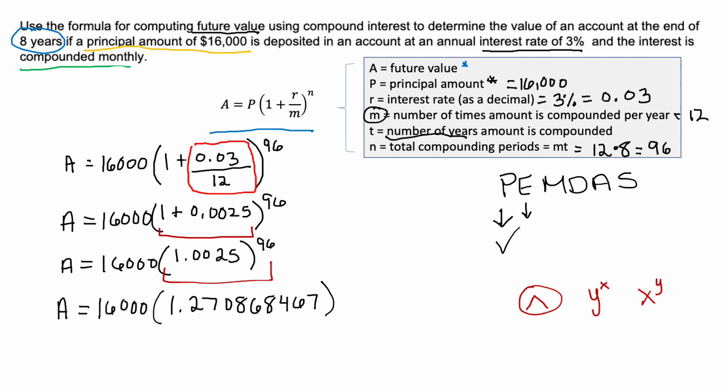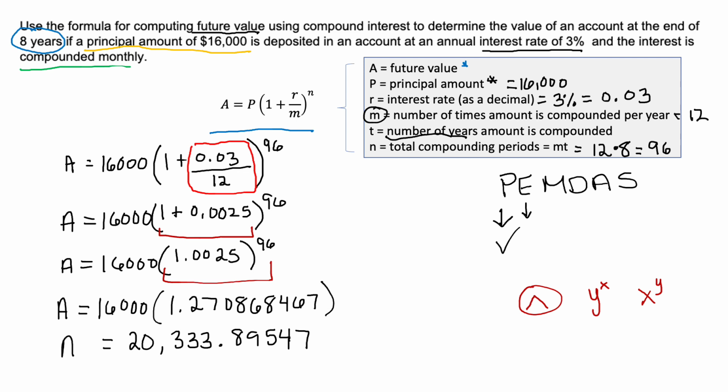Right, now I have A equals 16,000 times our decimal value. So we're going to just multiply those two values together on our calculator, and we'll get an answer of 20,333.89547.